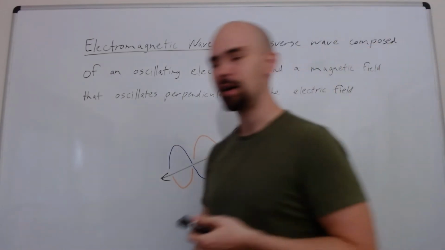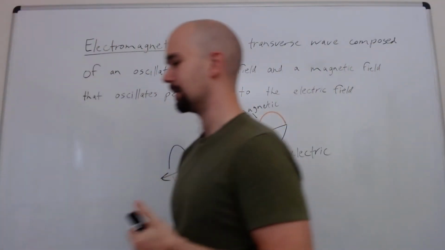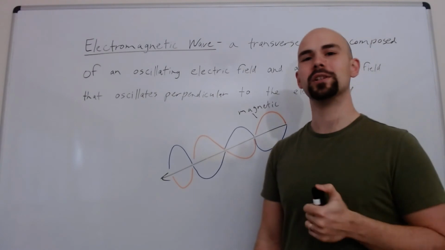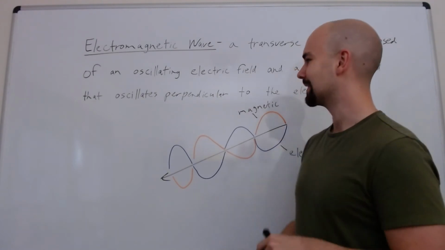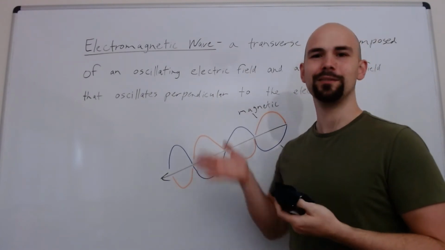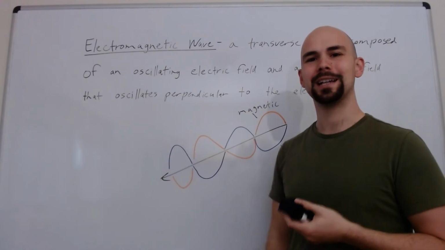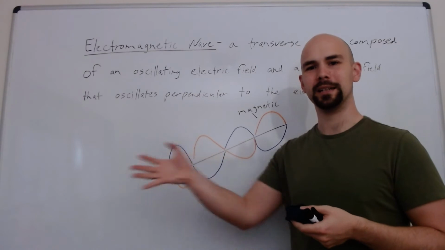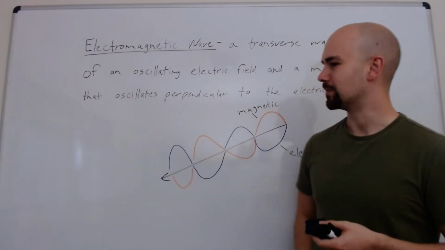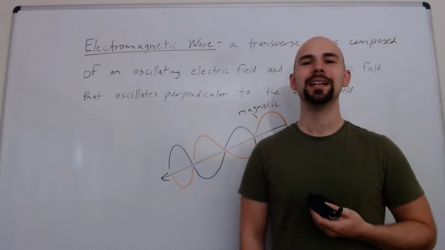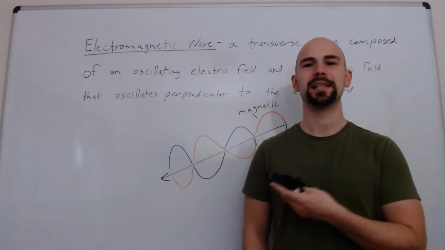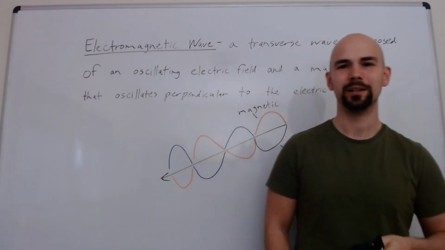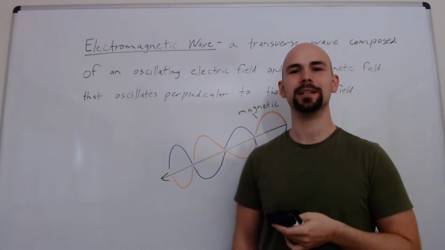Scientists were running into a problem: they were trying to figure out how a wave could travel without a medium. A transverse wave of ocean water can travel only because it's oscillating water and propagating through it. And sound waves, as we've already discussed at length, cannot travel through space because they need to oscillate a solid, liquid, or gas, some kind of medium through which they're traveling.